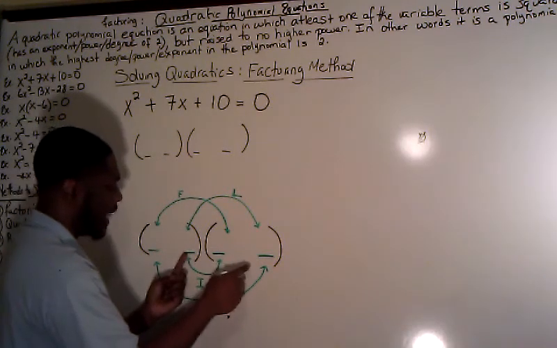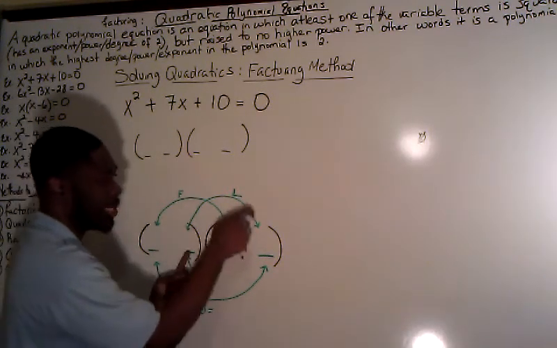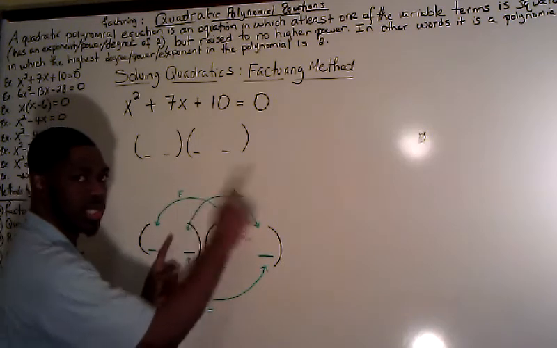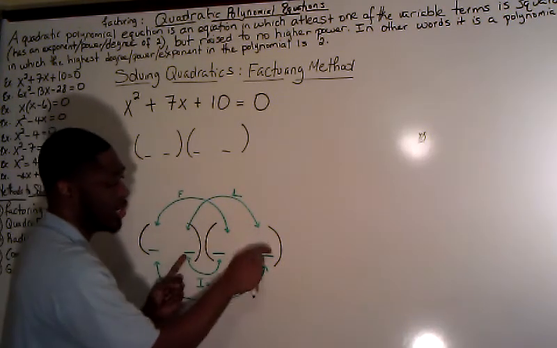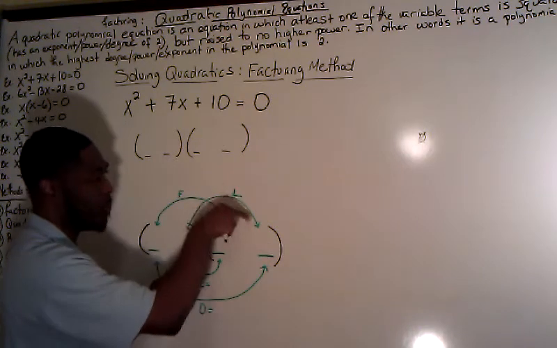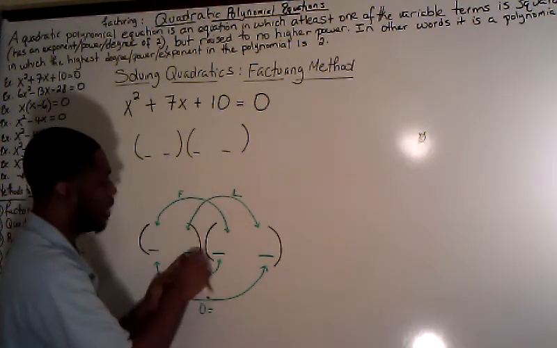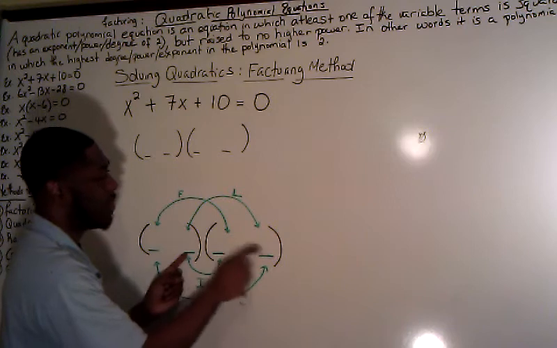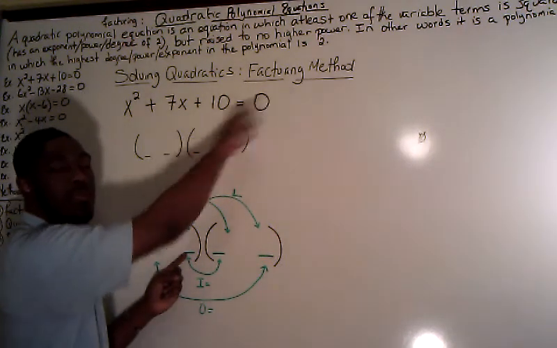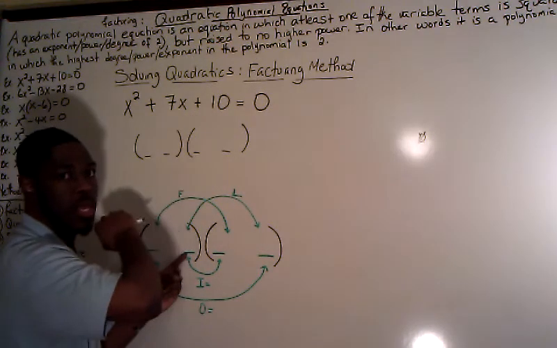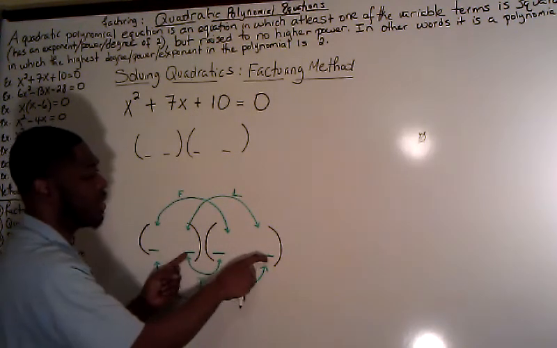Again, the last term, when we multiplied the last, and I skipped the outer and inner just to illustrate the point, when we multiplied this term here and this term here, that was the last operation of our FOIL acronym, and that gave us the last term of the trinomial.